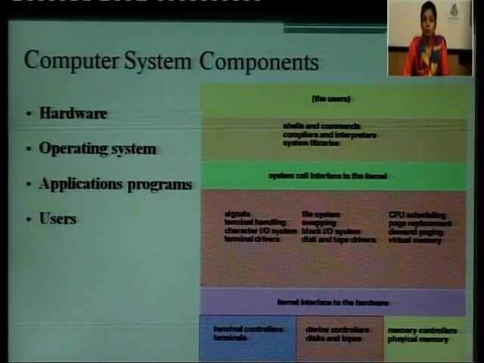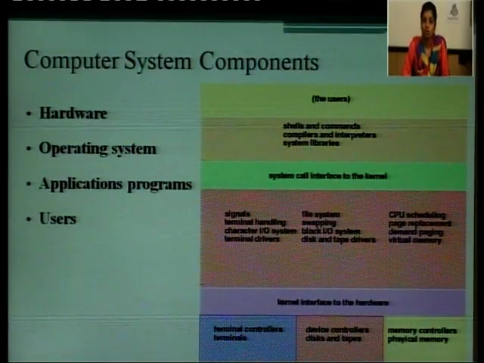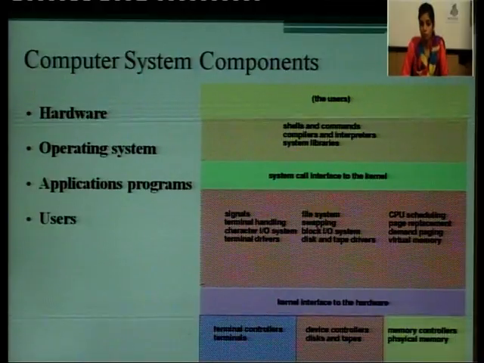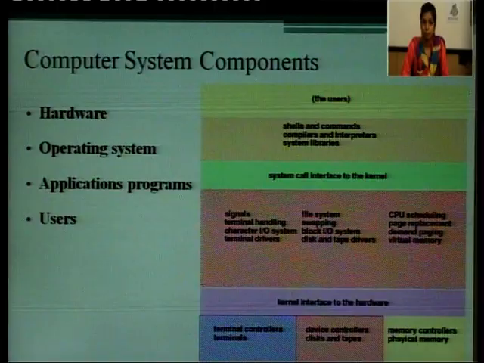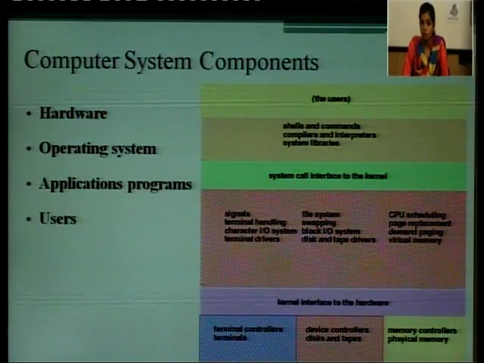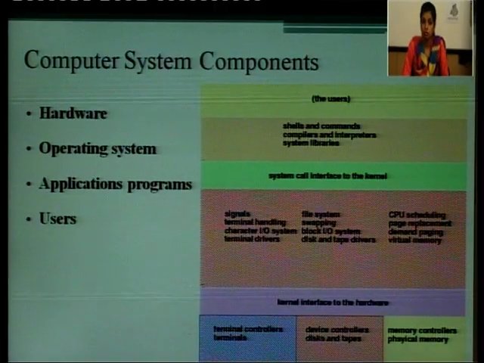Computer system components: we have four components of a computer system. One is hardware, second is operating system, third is application program, and fourth is users.